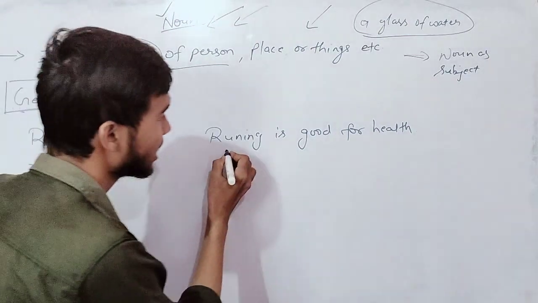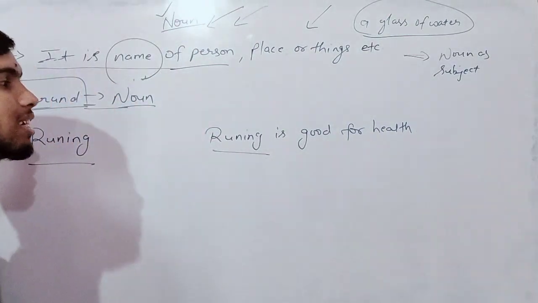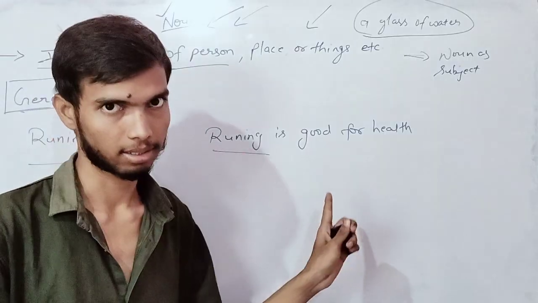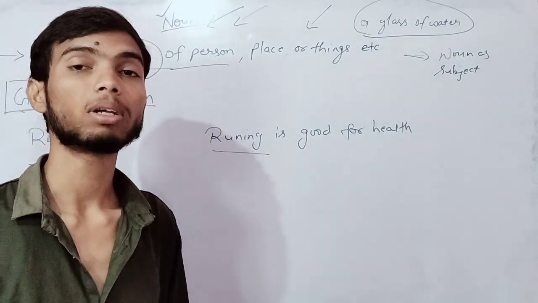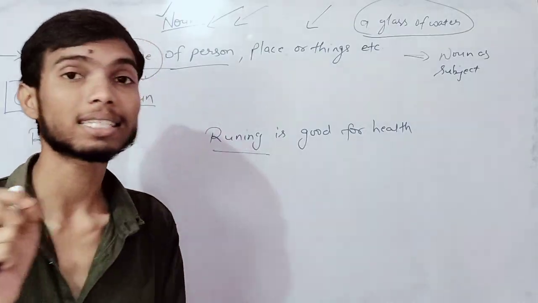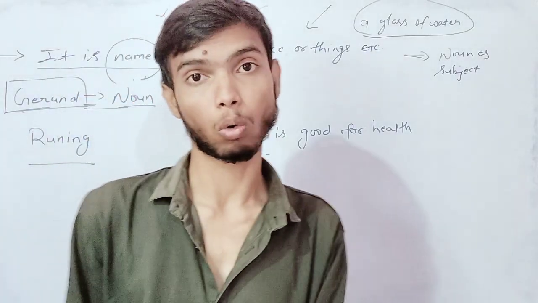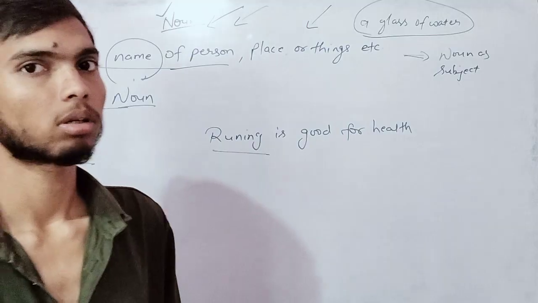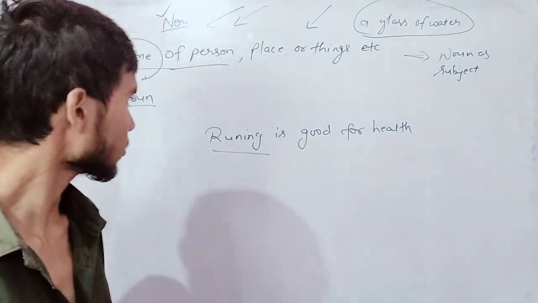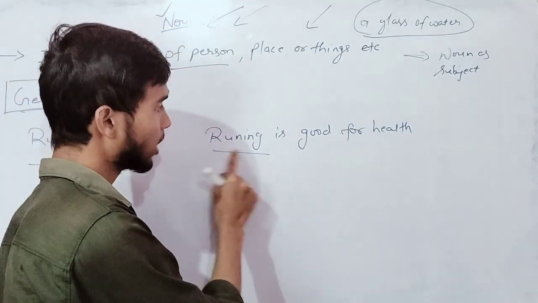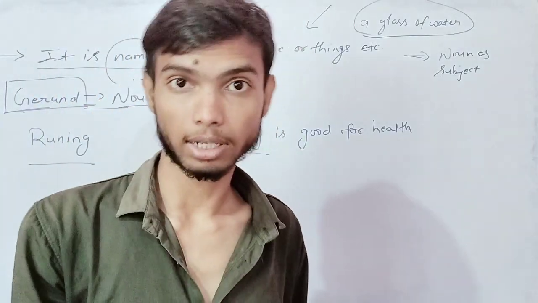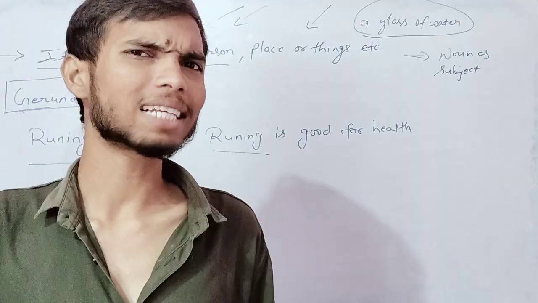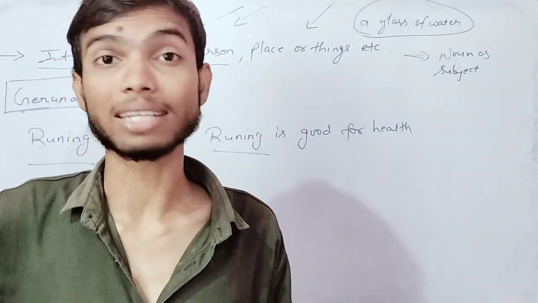Here we cannot say that in this sentence running would be a verb. No, not at all. Here in this sentence, running is the subject. Running is performing as a subject, not as a verb.